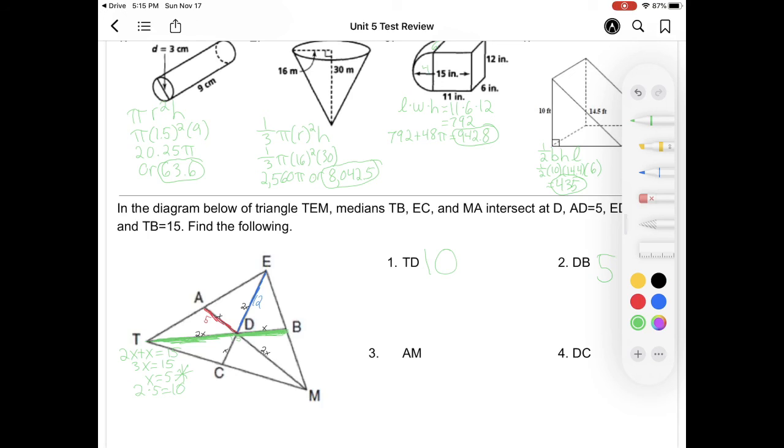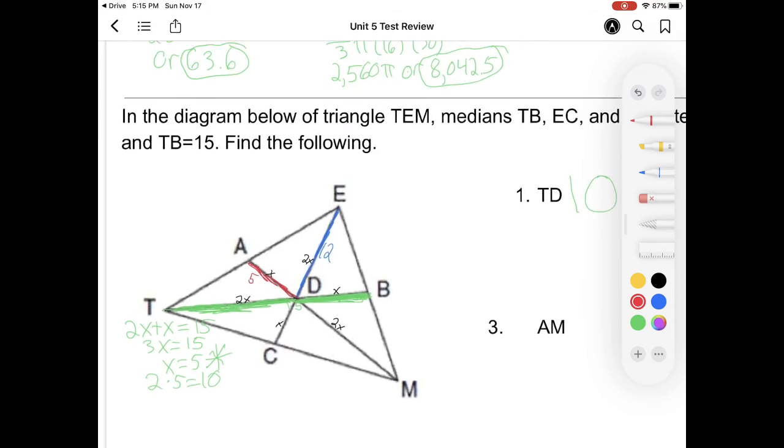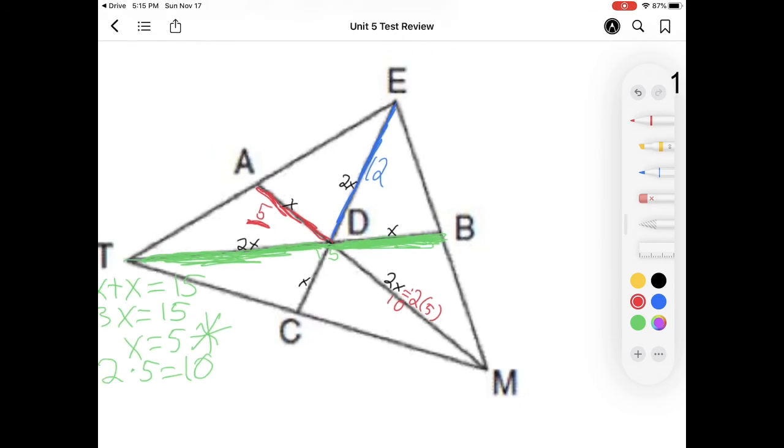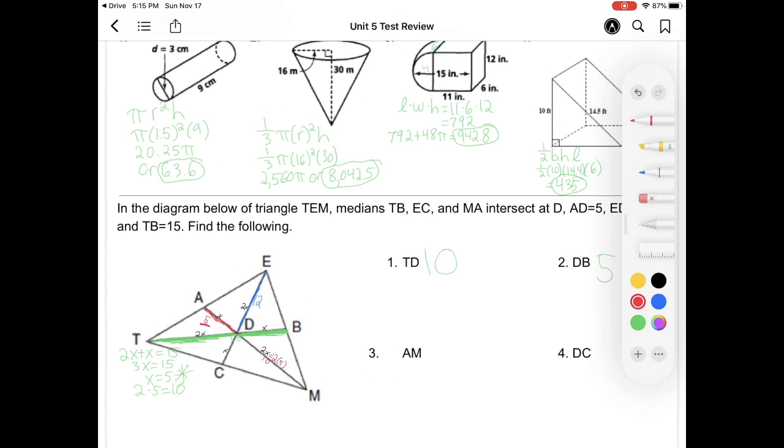Number 3, we're asked for AM. So that's our red line. AM is the whole thing. Well, we're told that our x side is 5. So if we take 2 times our 5, that gives us 10. So AD, or the long side of the red line, is 10.